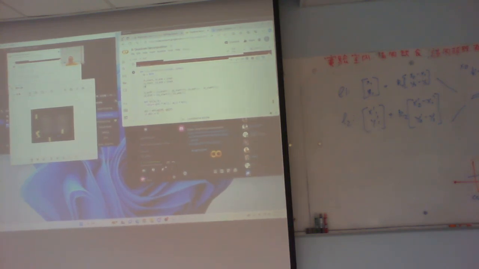So I have x1, what did I call it? x1, y1 is equal to L1 start. Yes, just like that. And x2, y2 is equal to L1 end.